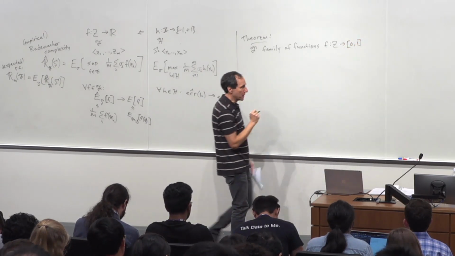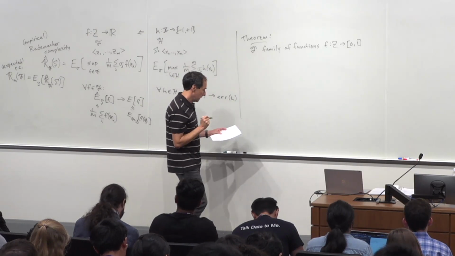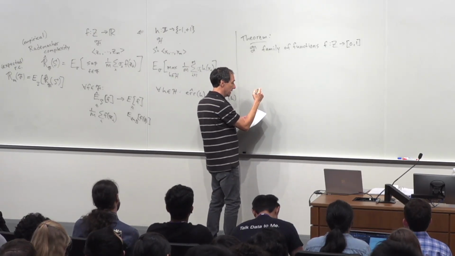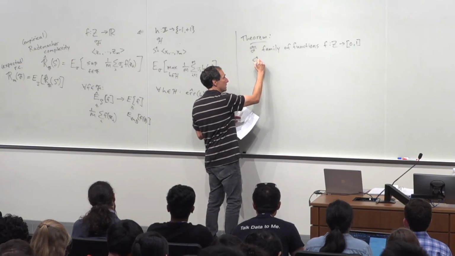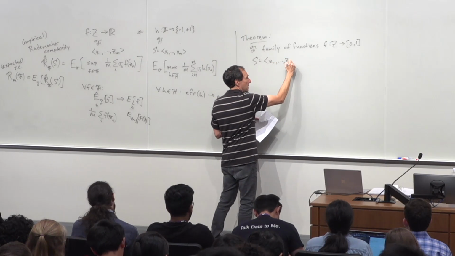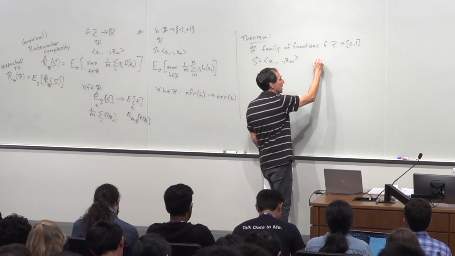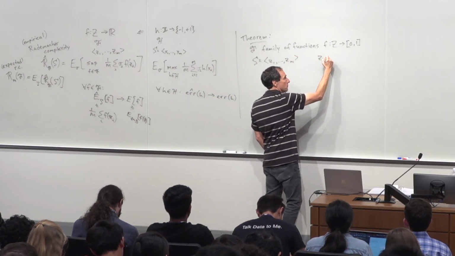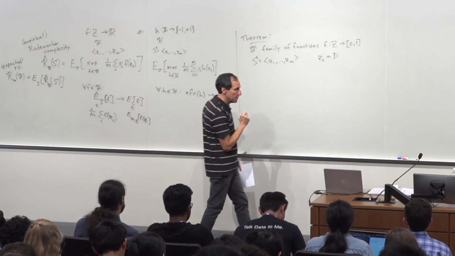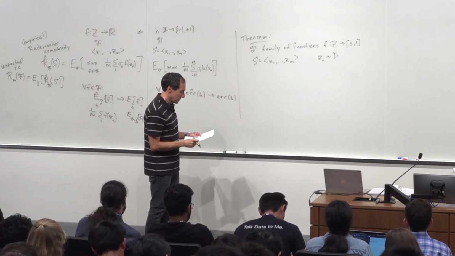So let's say their range is 0, 1. And then we're going to pick a sample S like we had before, where each of these zi's is random, IID, from some distribution D. Okay, so that's the setup.